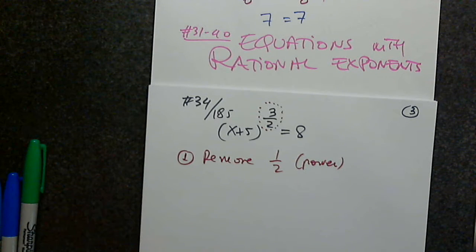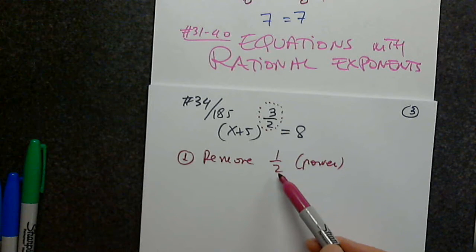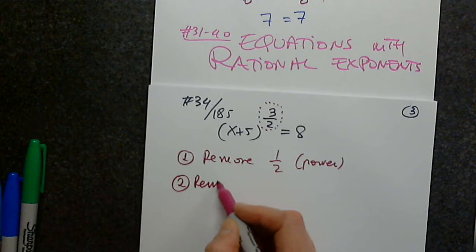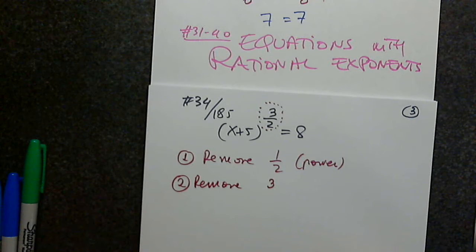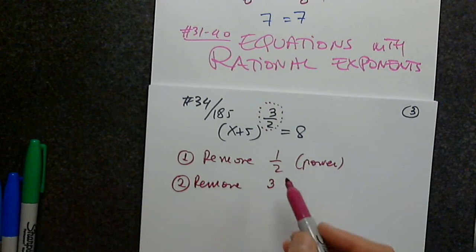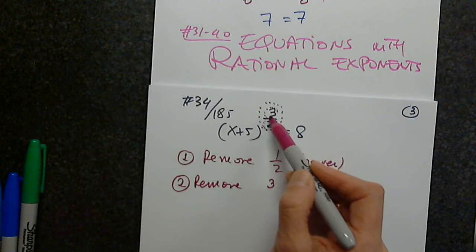Bear with me, I will have several examples. In other words, remove the denominator of this fraction. In step 2, remove 3, which is the power, the numerator of the power. So first I want to eliminate this piece, and then I want to eliminate this piece.